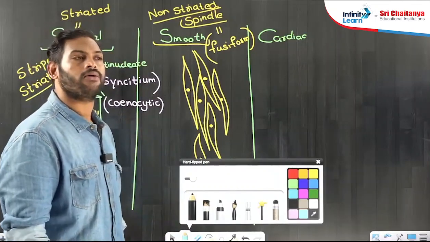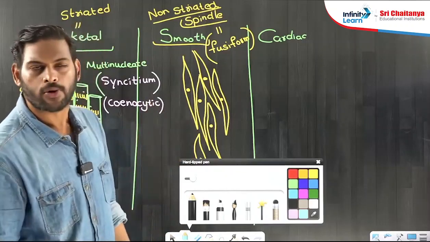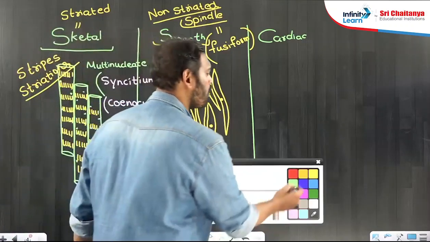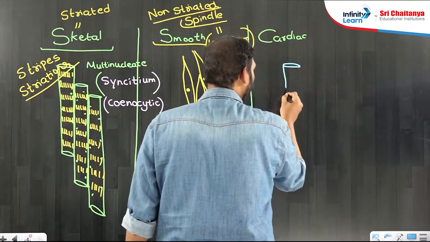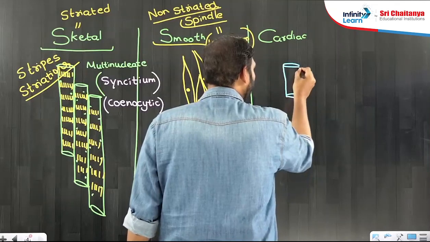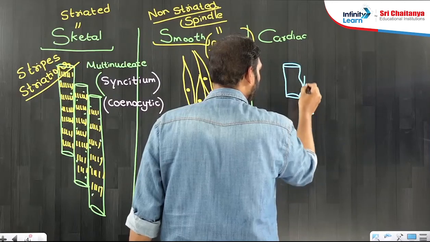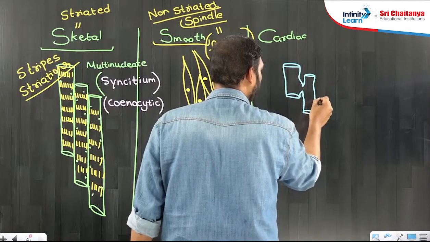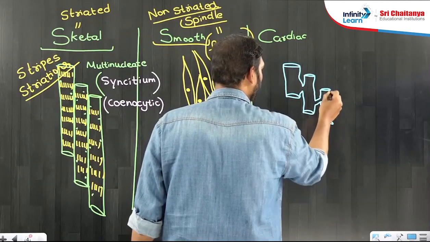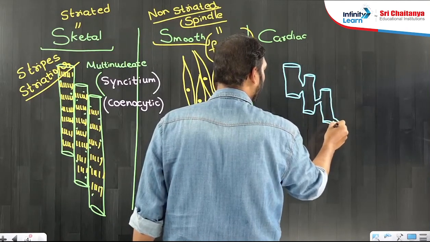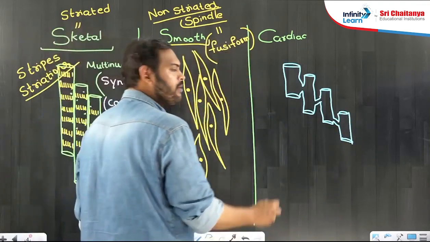But under a microscope, how does this tissue look? Under a microscope, cardiac muscle tissue looks cylindrical, but they have got branches also. There are many branches.